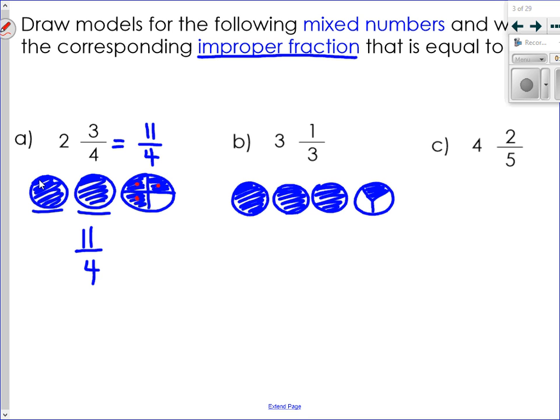If I were to write this as an improper fraction, how many thirds do I have all together? Well, in this one, I've got 1, 2, 3 thirds, 4, 5, 6 thirds, 7, 8, 9 thirds, plus one more, 10 thirds all together are shaded. That means 3 1/3 is the same thing as 10 thirds, written as an improper fraction.